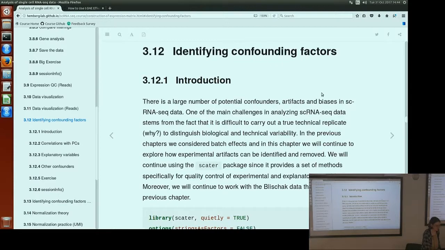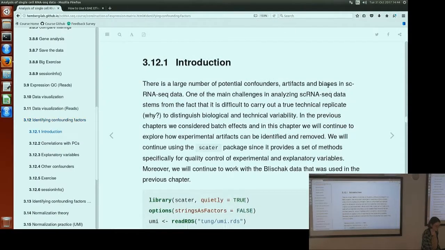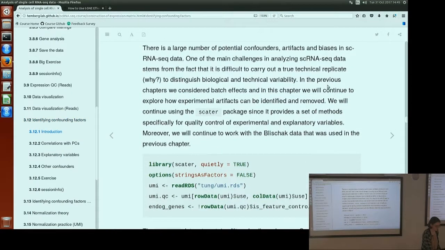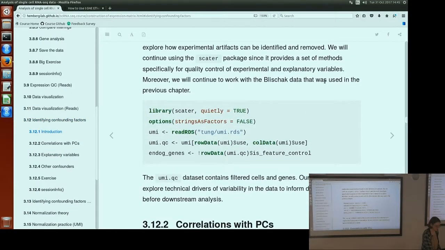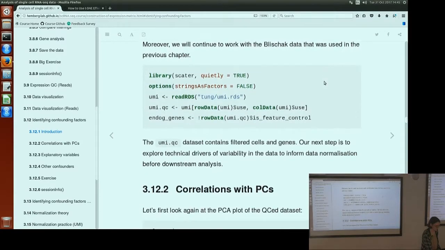So here we're going to talk about identifying confounding factors that may be present in your data and how to quantify whether those factors are bad enough that you need to do some sort of correction to remove that confounding factor. We're going to continue using the Blischak data, or the Tung data.